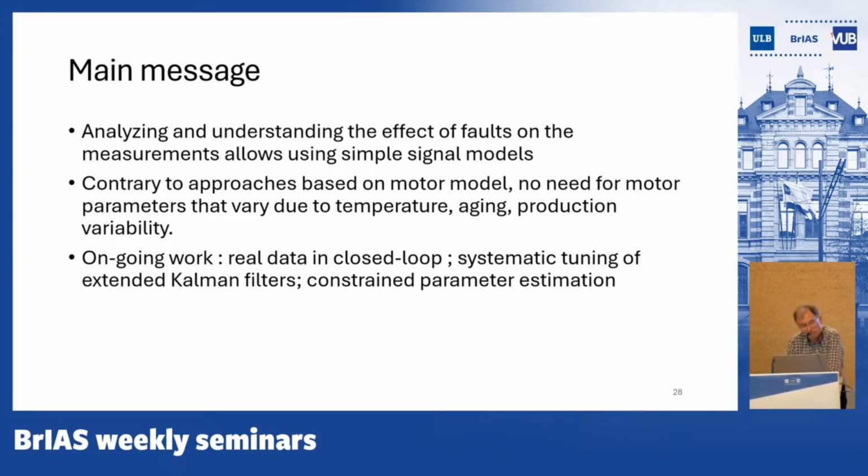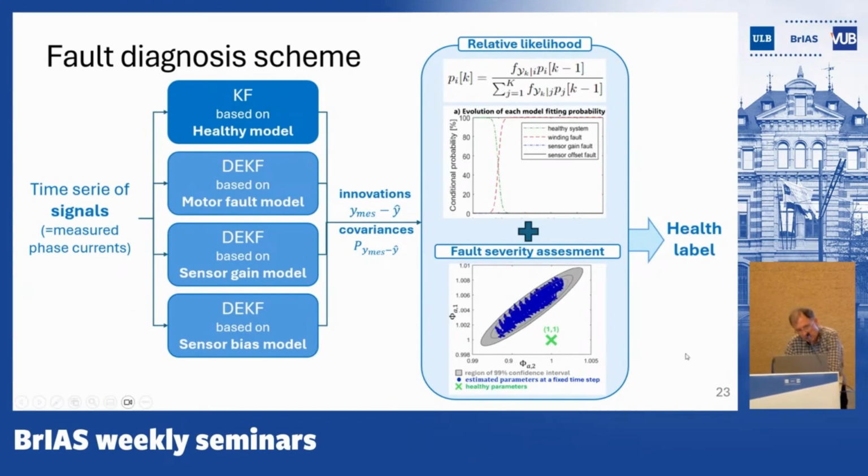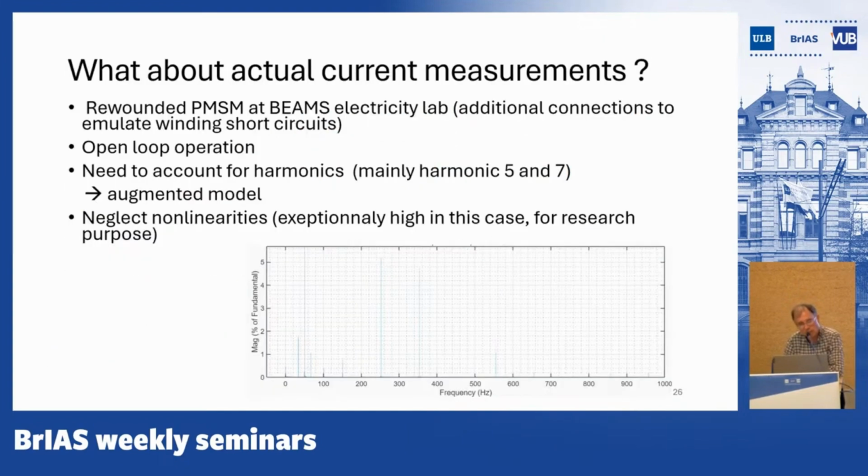So ongoing work is to look at real data in closed loop, systematic tuning of the extended Kalman filter, and possibly also constrained parameter estimation, because indeed here we have to go in these 2 steps where we check that the parameter estimate does not embed the healthy case. Another approach could be to make sure that this estimator will never estimate the healthy case by enforcing that the parameters stick to some situation where the model is faulty.